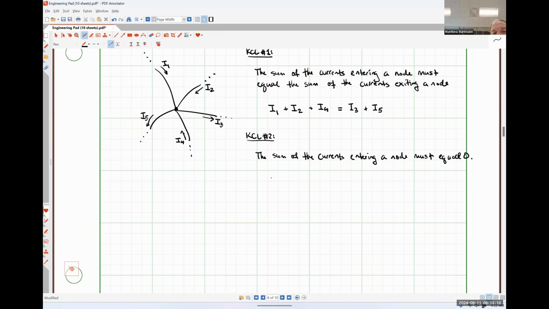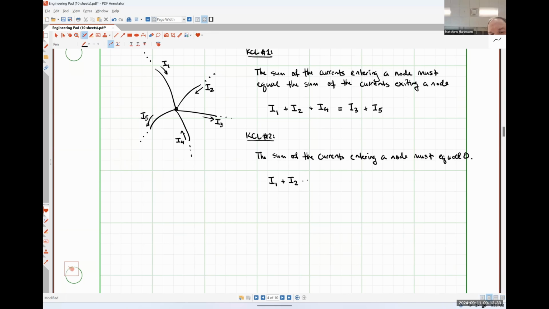So I1 is entering, so it would get a positive sign. I2 is entering, so it will get a positive sign. I3 is exiting, which means negative I3 is entering, because remember that we can change the direction of a current by multiplying it by a factor of -1.